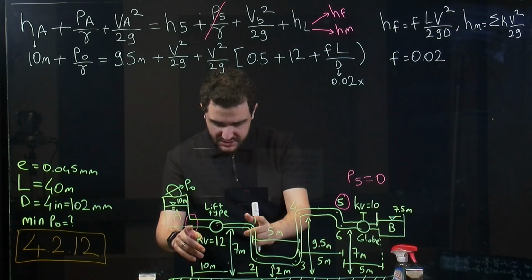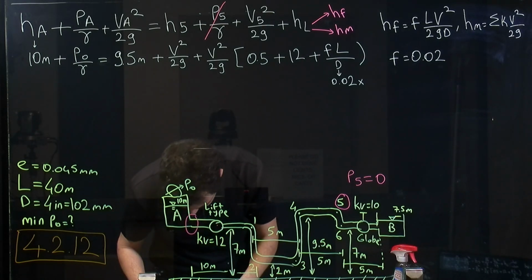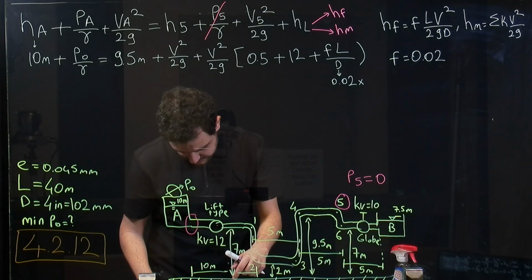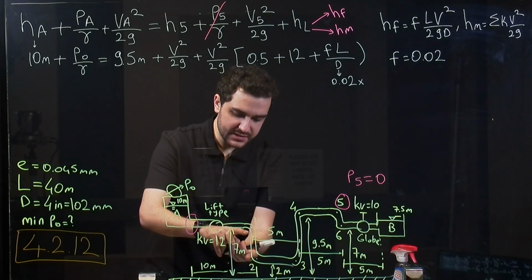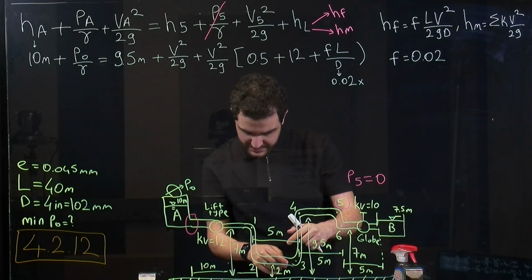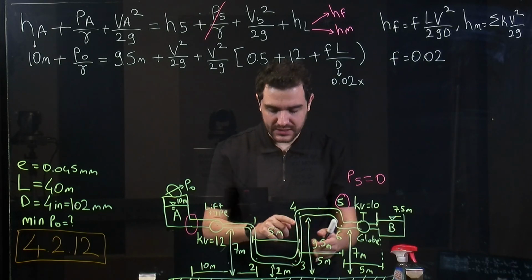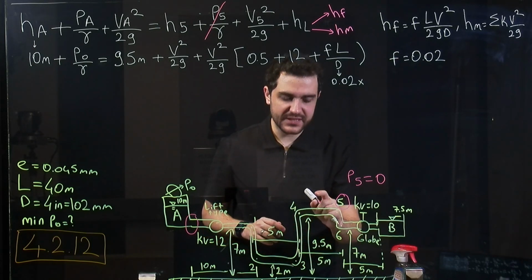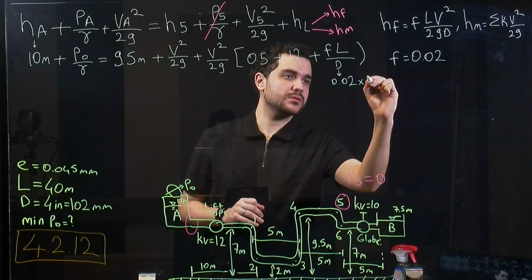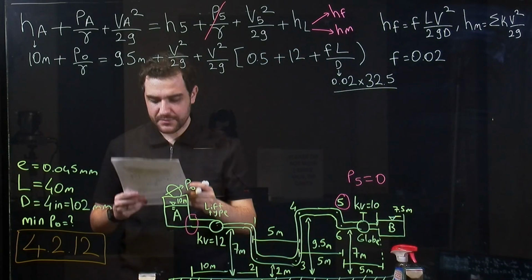So we have 10 here, 5, 15, 5, 20, and we have 7.5, 27.5 plus 5, it will be 32.5 over diameter.